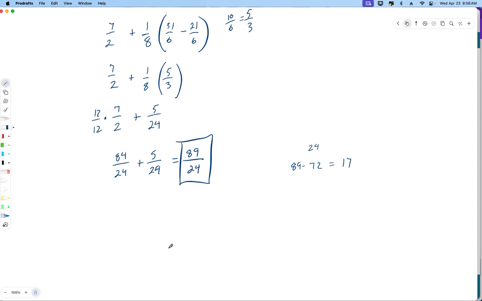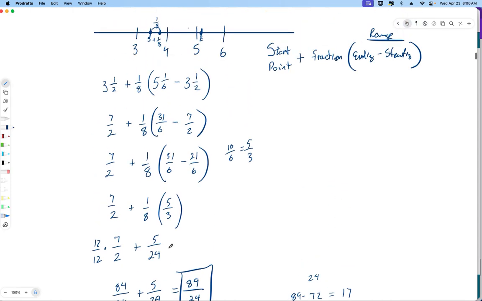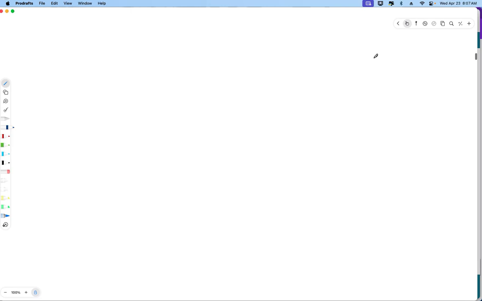There you go. That's how we would solve that. We're going to use this formula: the starting point plus the fraction of the range that you want to add to it. Let's do another problem. All right, so remember, we're going to find the number that is half of the way from 1/4 to 7/12.